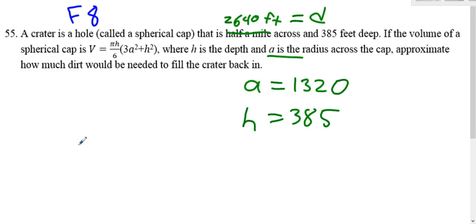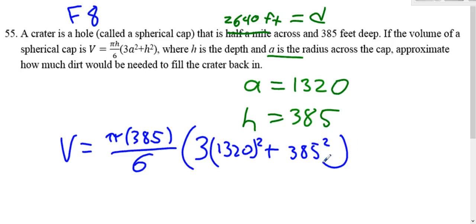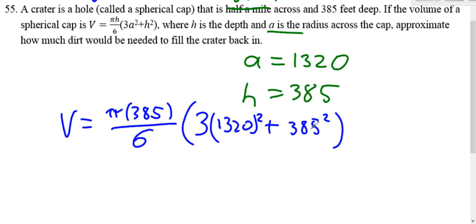That's all the variables, so we just plug them in. Pi times H, 385, over 6. When you're working this, make sure you do parentheses first, and within the parentheses you do exponents.